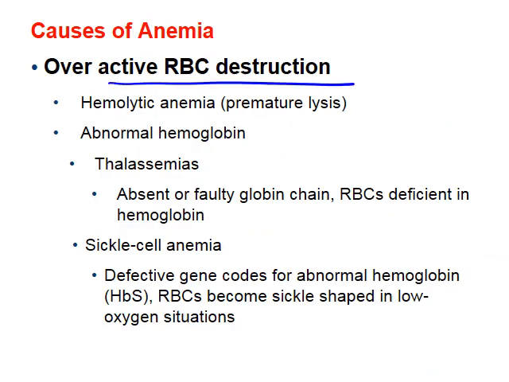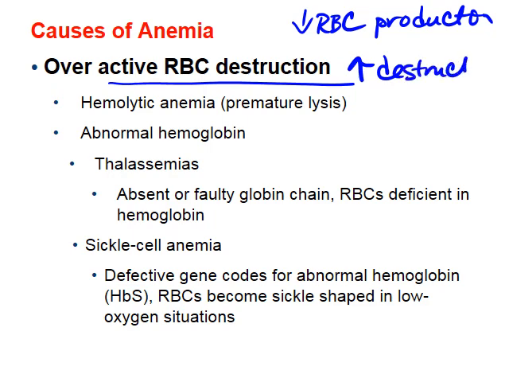And then the opposite: instead of underproduction, what happens if we have overactive destruction? What happens if there's some sort of premature lysis of your red blood cells? What happens if you have faulty or abnormal hemoglobin?